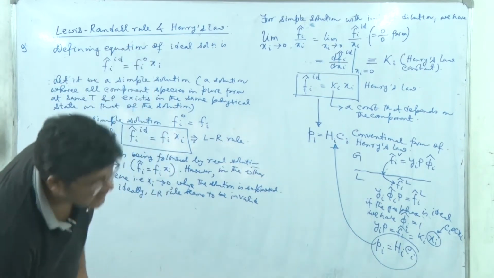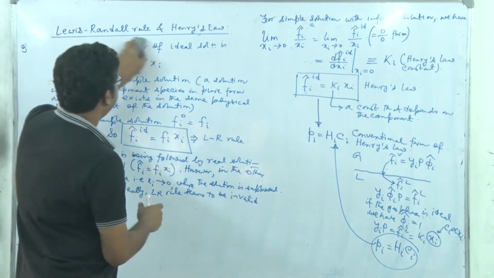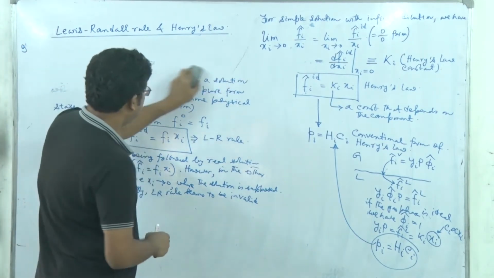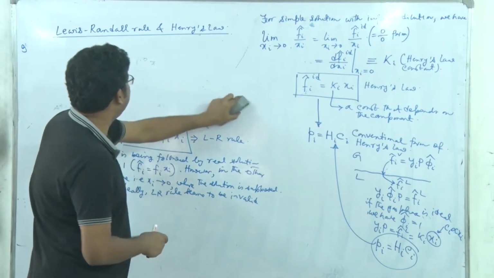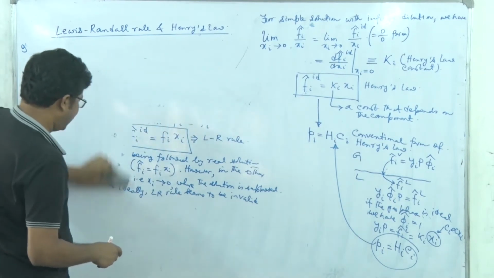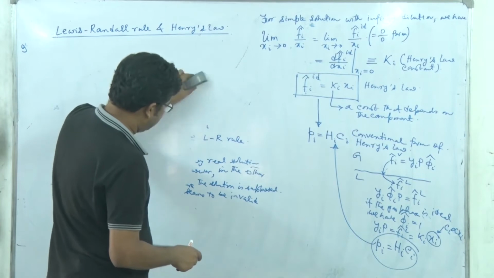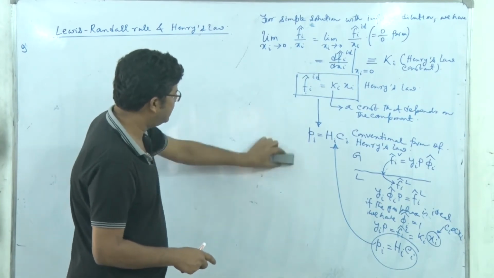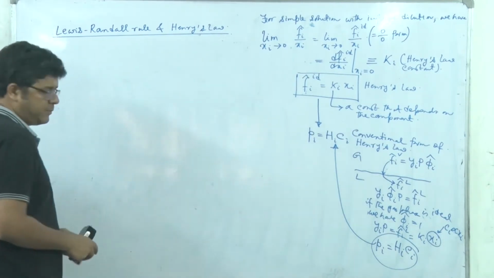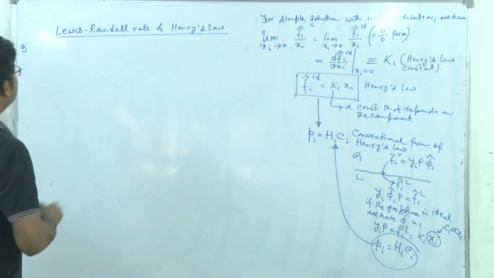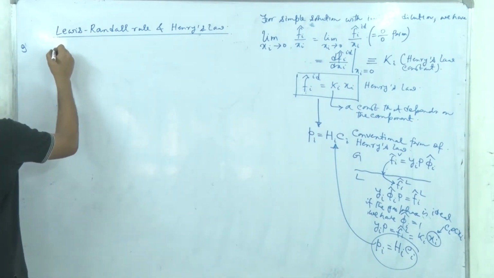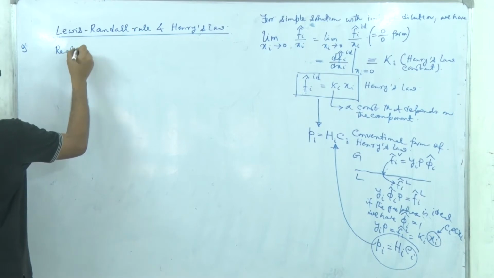So tentatively, to get an idea, if I draw this Fi cap versus Xi plot for a real solution and compare it with the Lewis-Randall rule plot and the respective plot for Henry's law, we will get some sort of curve like this. So real solution behavior.